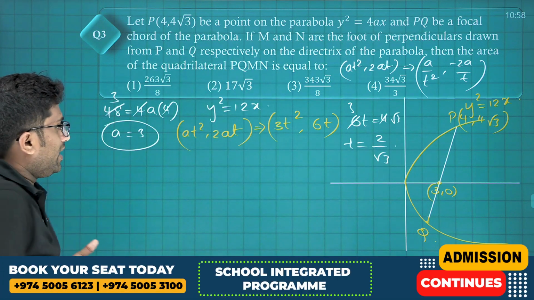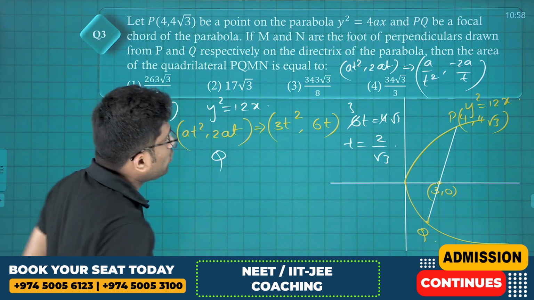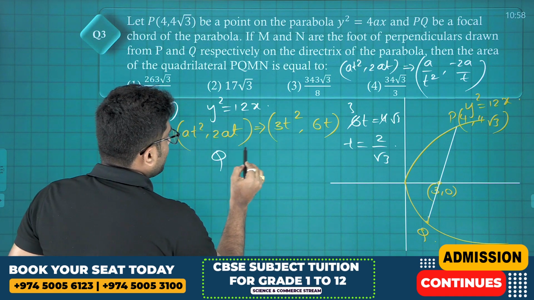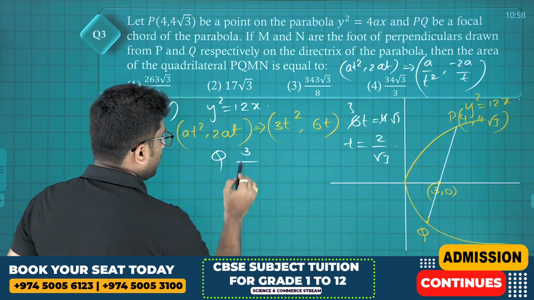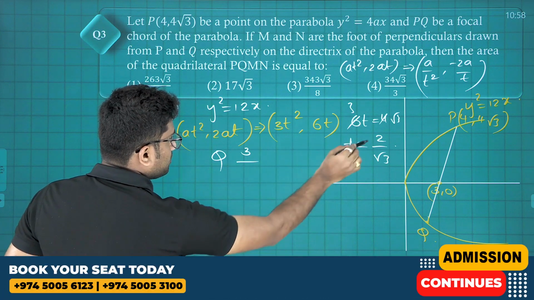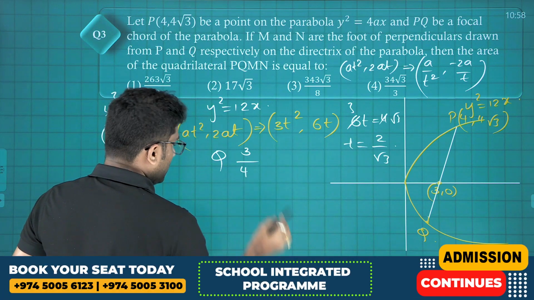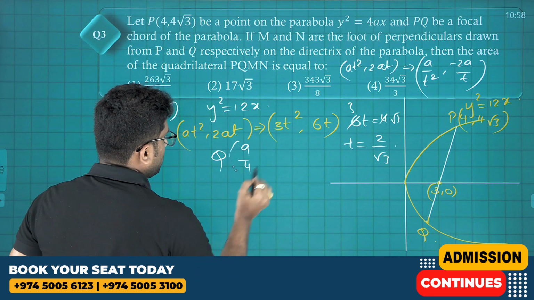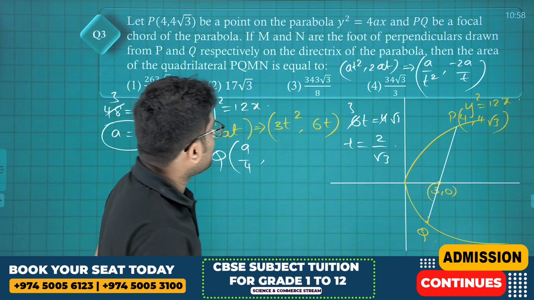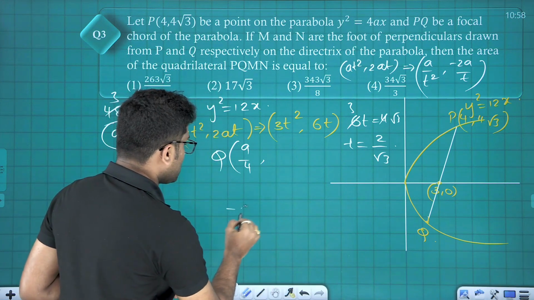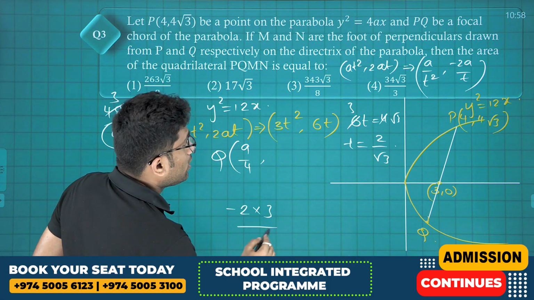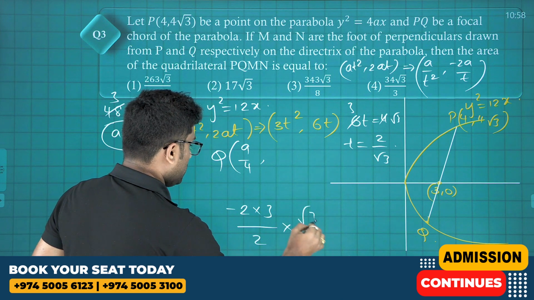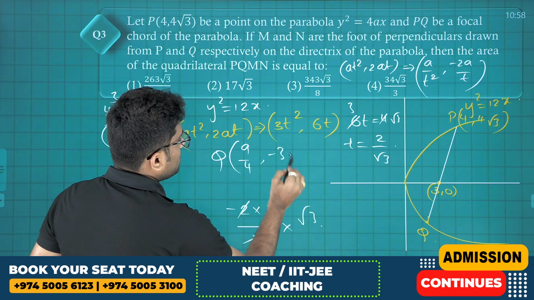Now what will be the other end? The other end is Q now. So Q is equals to a by t square, that is 3 divided by t square. t square is 4 by 3, that is 9 by 4, comma minus 2a by t, minus 2 into 3 into root 3 by 2. 2 gets cancelled, minus 3 root 3.